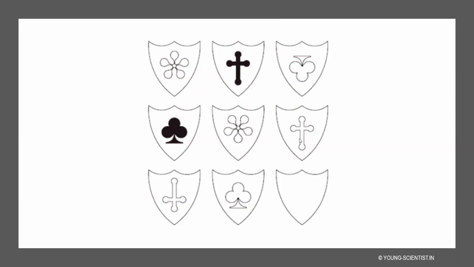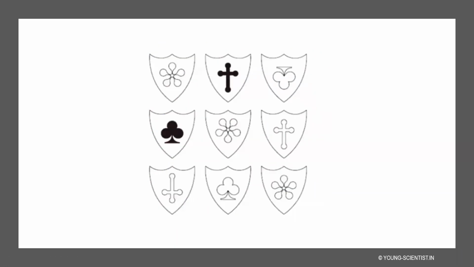In the second row, the flower is upside down. The third row, the cross is upside down. So the missing shape should be a black flower upright. Yeah, just pretend that the flower is black. Okay, then you have the answer for you.